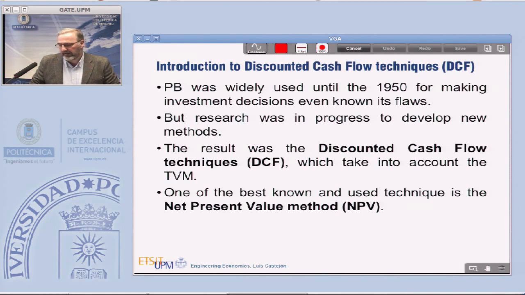The payback period we were talking about yesterday was widely used before the 50s. This payback period calculation and methodology used for investment analysis was very well known in those years.